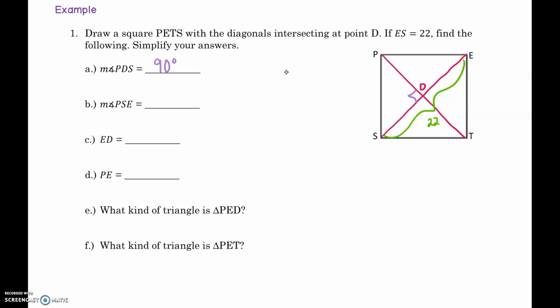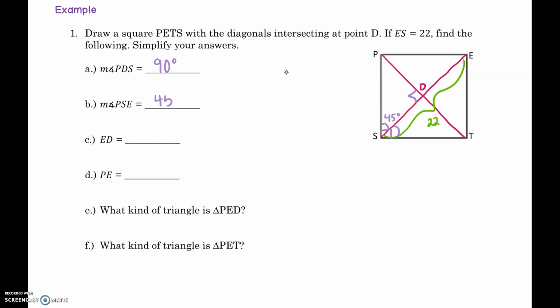Next, we want the measure of angle PSE. So PSE is this angle right here. And we know that the big angle PST is 90 degrees. We also know that the diagonal bisects this 90-degree angle, making two smaller angles that both measure 45 degrees.